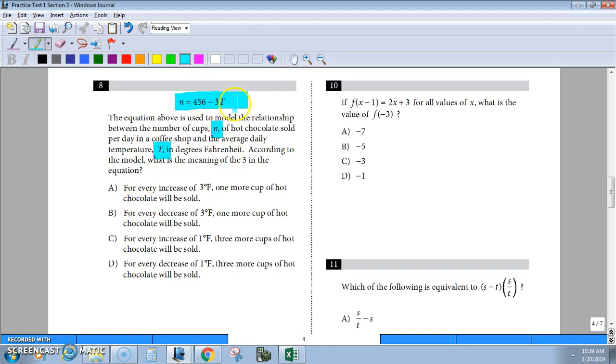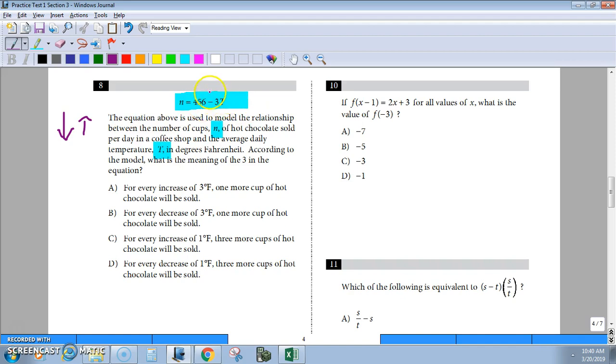So if our temperature was 0 degrees Fahrenheit, which is very cold, they would sell 456 cups of chocolate. So think about it. Are they going to sell more hot chocolate if it gets colder? Or if it gets warmer, are they going to sell less? As our temperature is going up, as our T-value is going up, are they going to sell more hot chocolate or less?